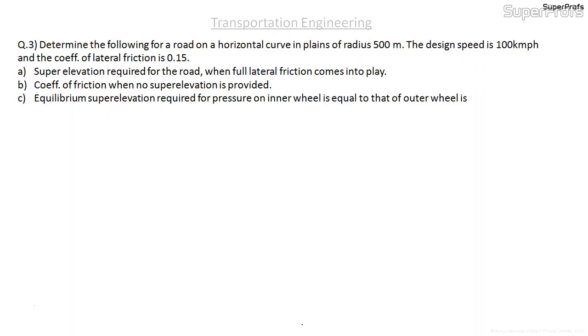We will move on to the next question, question number 3: determine the following for a road on a horizontal curve in plains of radius 500 meters. Given that R equals 500 meters, design speed is 100 kilometers per hour, and coefficient of lateral friction is 0.15.